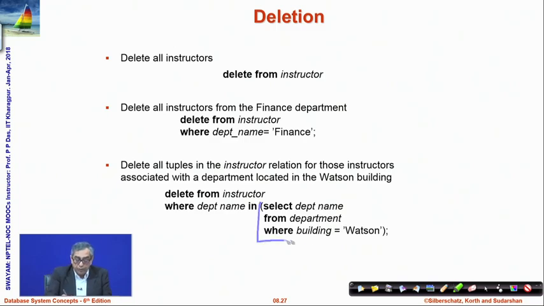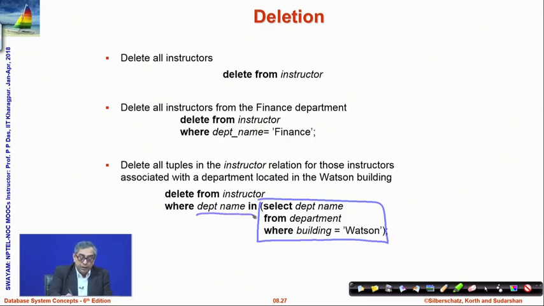Again you are using a nested query. Now, you know how to use a nested query. So, you use a nested query which will give you a relation with a single attribute with names of departments housed in the Watson building.